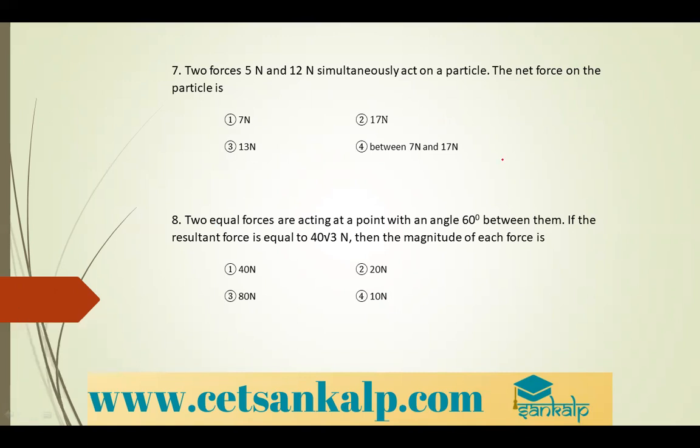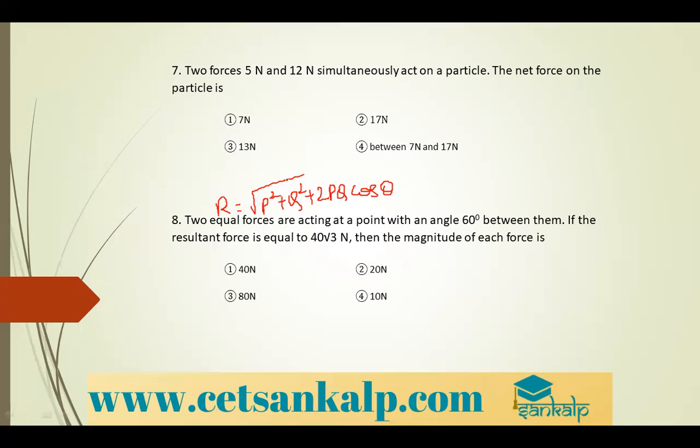R is equal to root of P square plus Q square plus 2PQ cos theta. Where did this come from? From the triangle law of vector addition, or from the parallelogram law of vector addition.